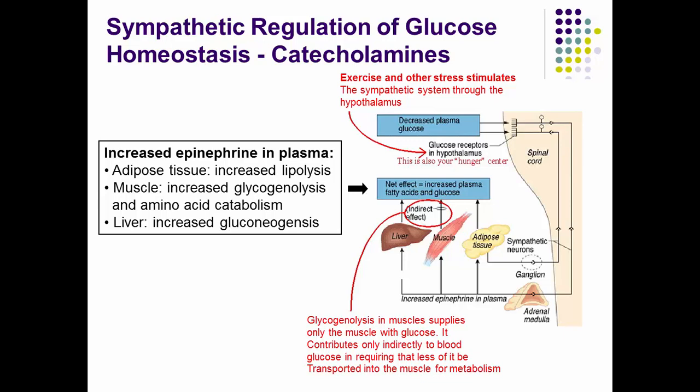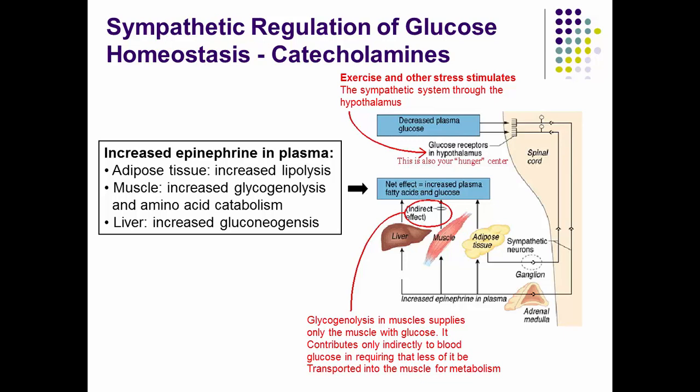So what catecholamine does is to increase lipolysis, right? And also increase glycogen breakdown in the skeletal muscle and amino acid catabolism, right? And increase gluconeogenesis in the liver, right?